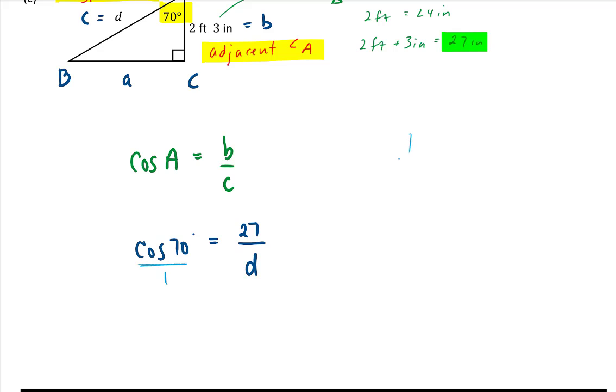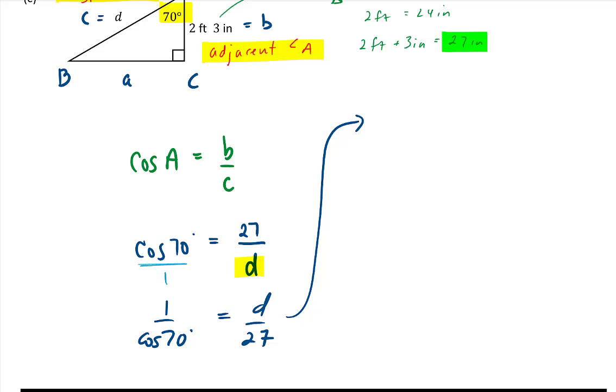For example, I know that 1 over 2 is equal to 2 over 4. If I flip that equation, 2 over 1 is the same as 4 over 2. So flipping the equation, the equal sign is still valid. So let's use that concept. I can now say that 1 over cosine of 70 is equal to D over 27. And we only do this when the variable that we're looking for is in the denominator.